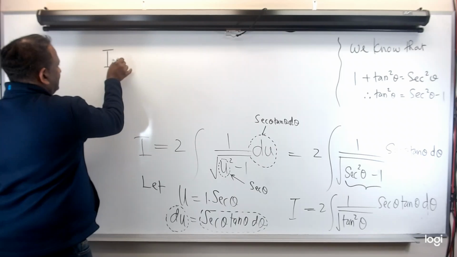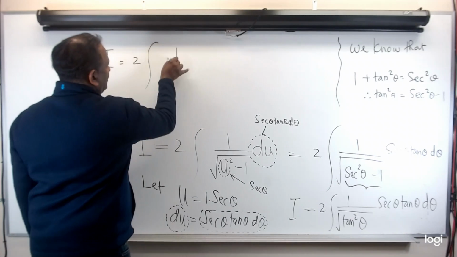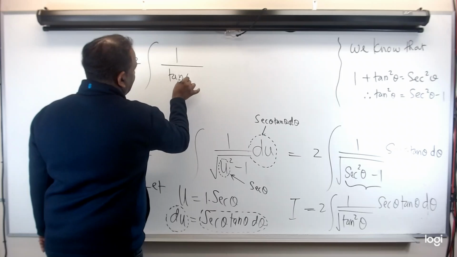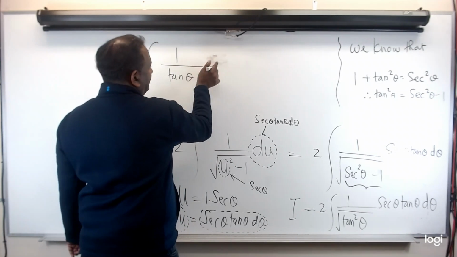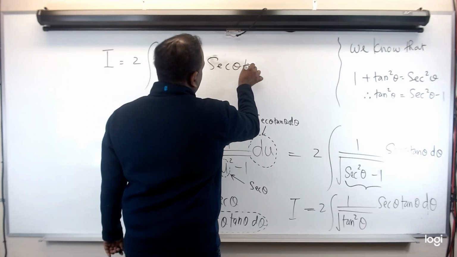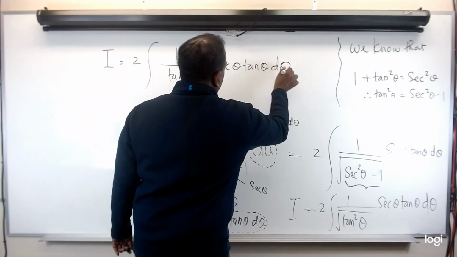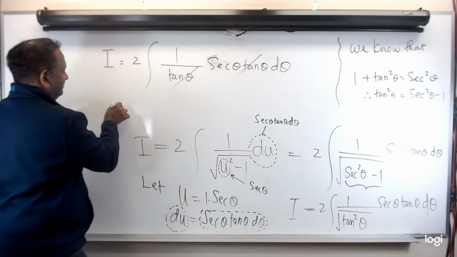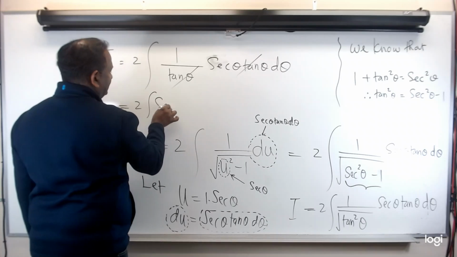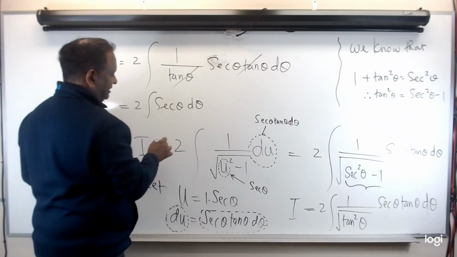Therefore, I is 1 over tan theta, and on the top you have secant theta tan theta d theta. Tan theta gets cancelled. You are left with 2 secant theta d theta.